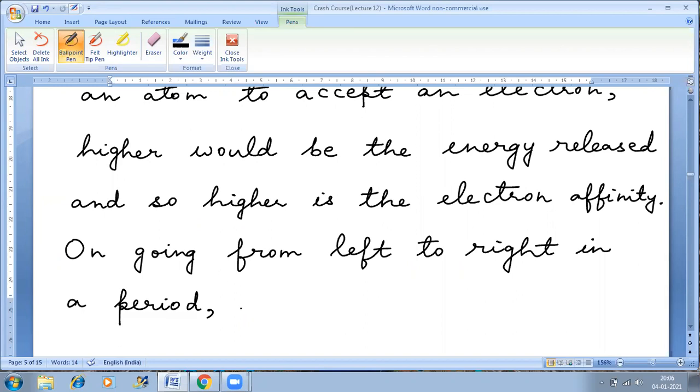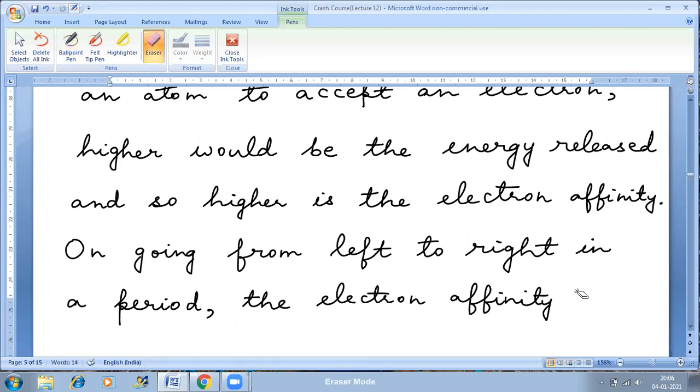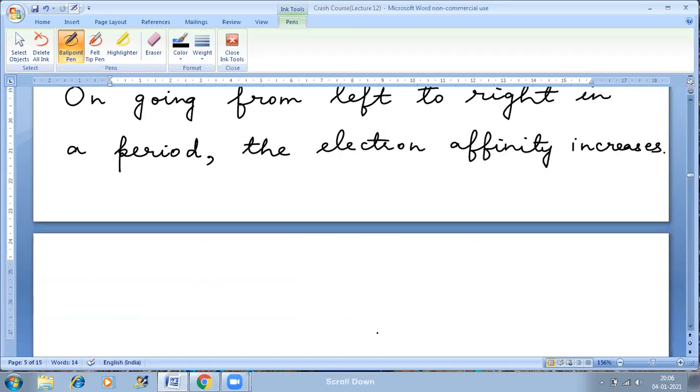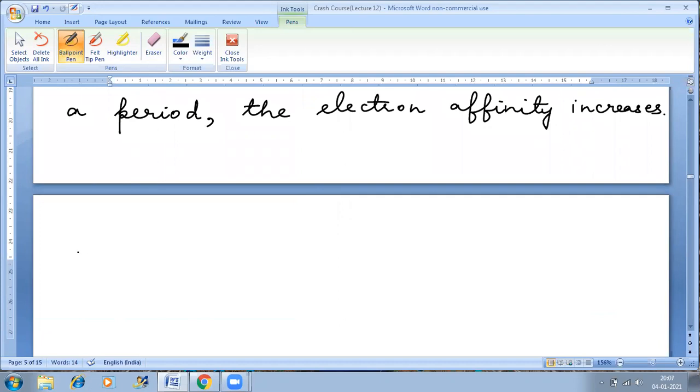So the electron affinity will increase from left to right in a period.